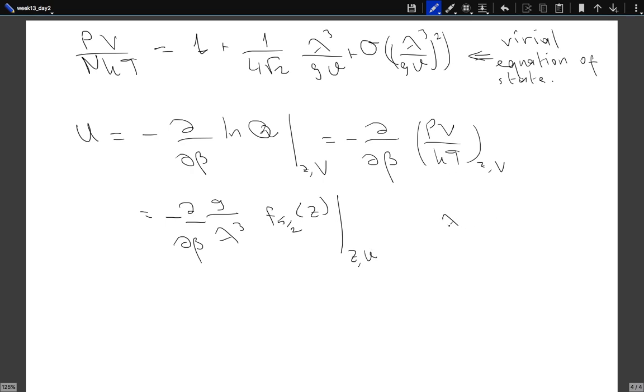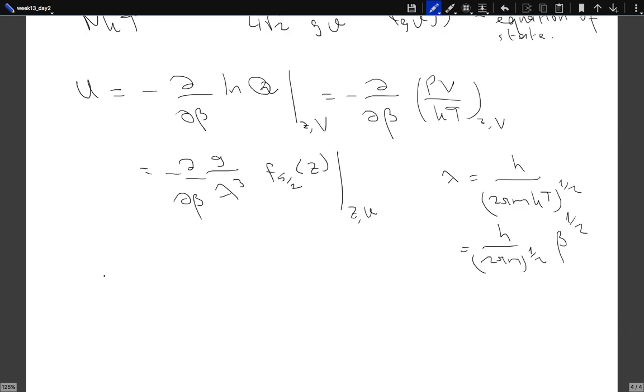Remember, lambda is h over 2 pi m kT to the power 1/2, or h over 2 pi m to the power 1/2 beta to the power 1/2.